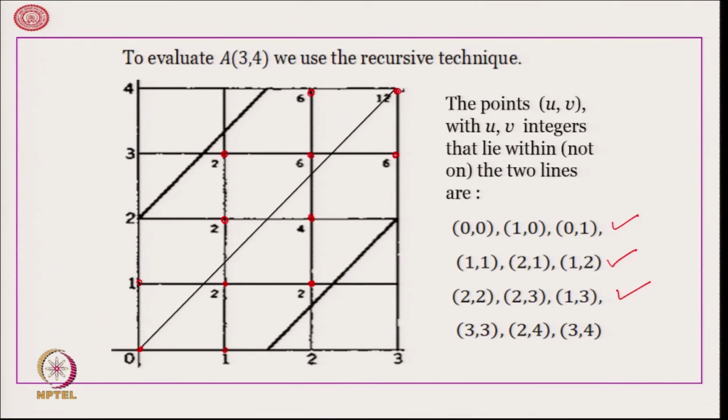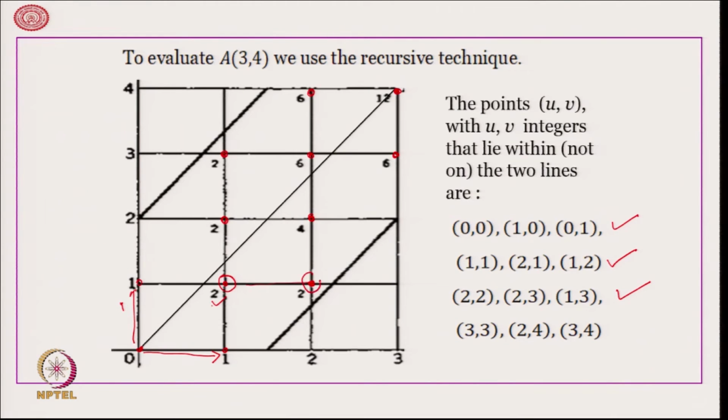So, we have to count the number of paths which are going through only these points and to reach 3 4. So, here is only 1 and here is only 1. Therefore, number of ways of reaching this point is 2. Now, from here we can go to this point in one step.